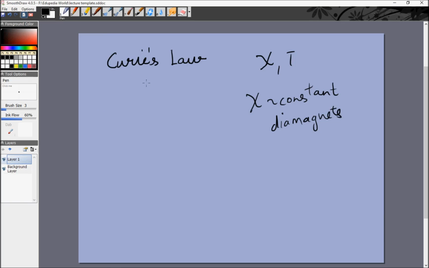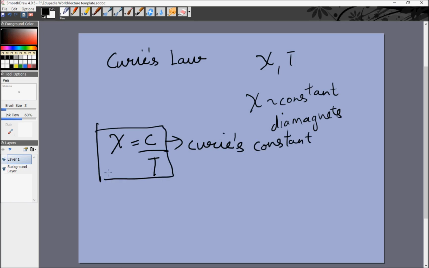For paramagnets, Madame Curie gave a law which was chi is equal to C by T. It is inversely proportional to the temperature. As you increase the temperature, the magnetic susceptibility decreases. C is called Curie's constant, and it doesn't have a specific value because it depends on the material. So this is Curie's law for paramagnets.